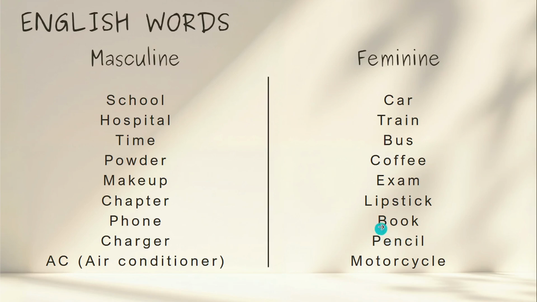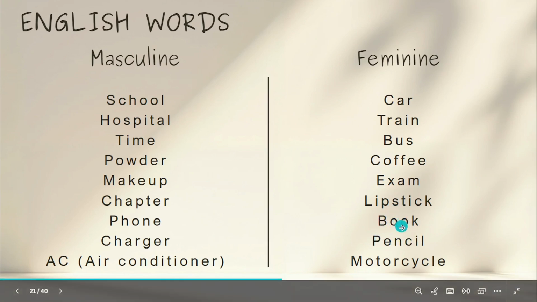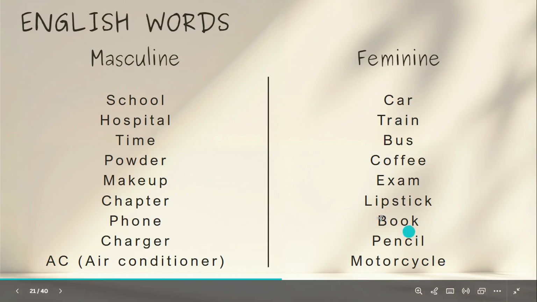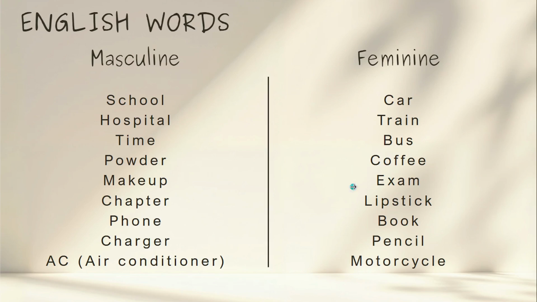This side, let's say kitab, we've seen it before. So book is kitab, which is feminine. Exam is pariksha, which is feminine. So even the English words, their translations are also in the same category. But yes, when used in a sentence, even the English word will have a gender.